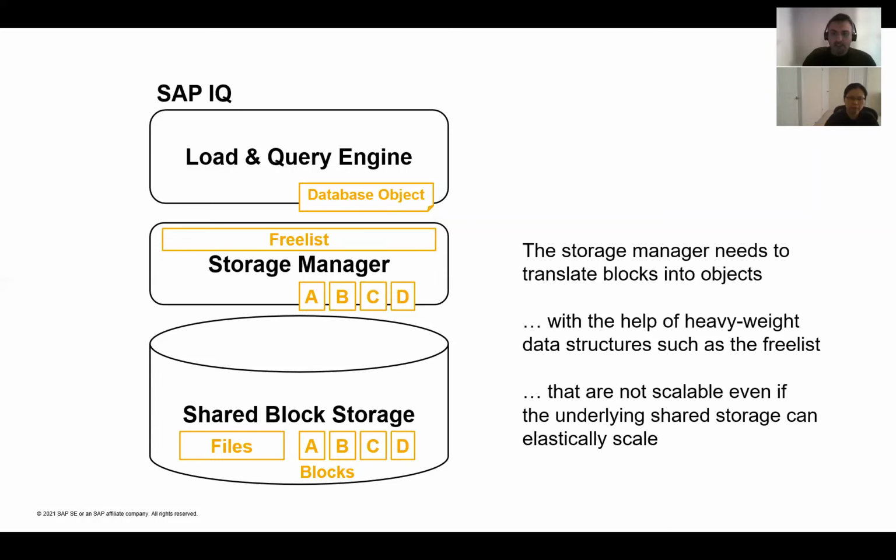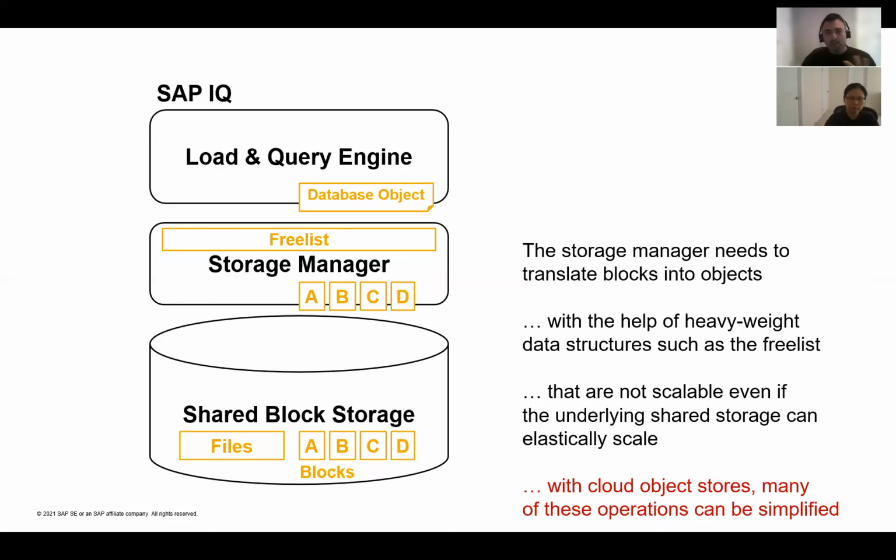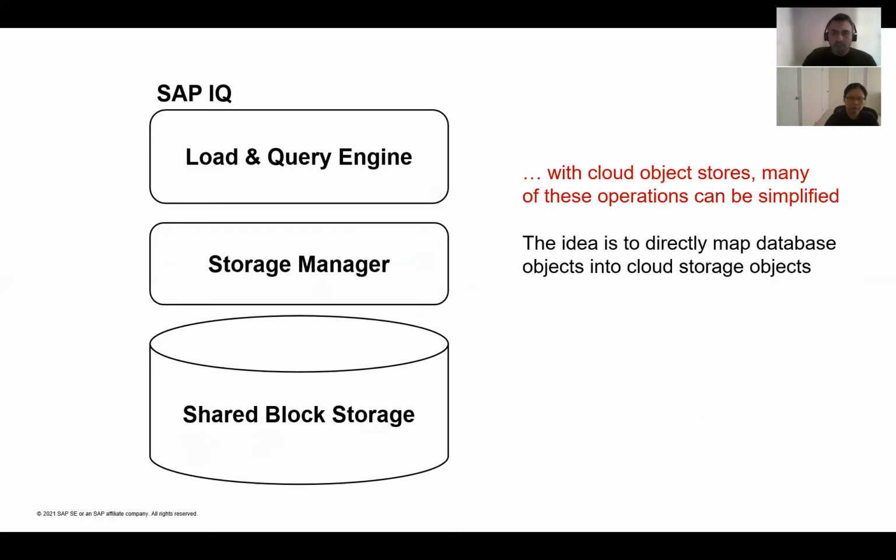This free list and other data structures similar to it are not scalable, even if the underlying shared storage system can elastically scale. With cloud object stores, many of these operations can be simplified. The idea is that we want to directly map database objects into cloud objects.